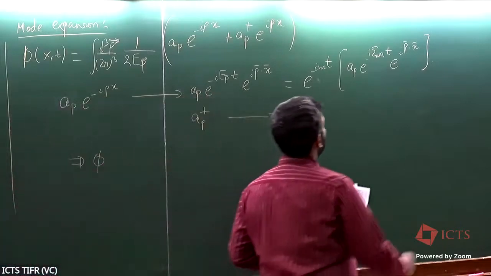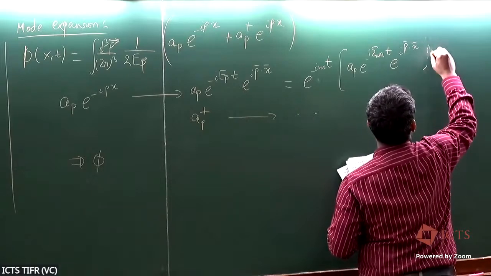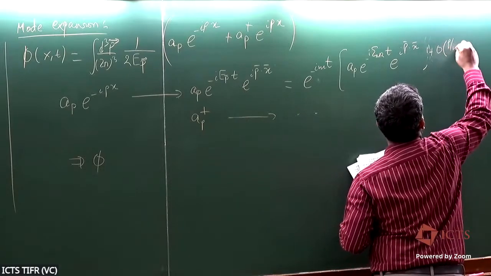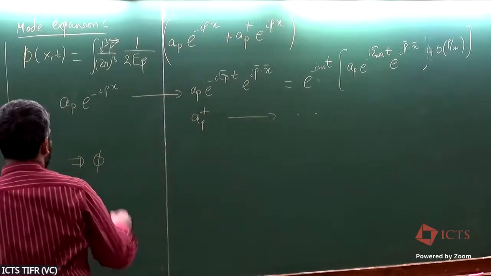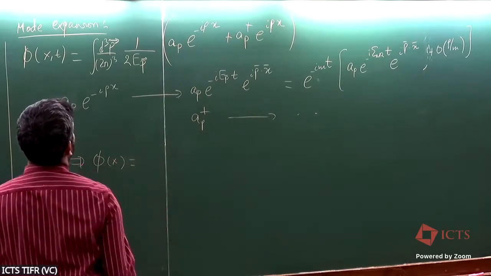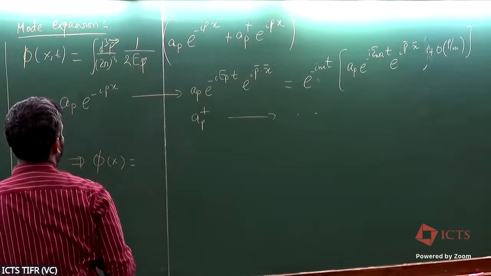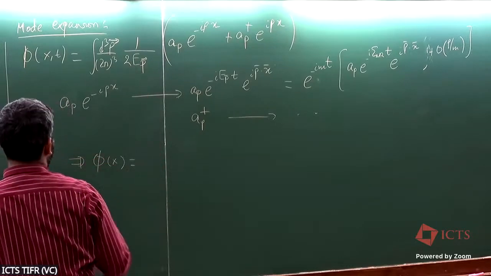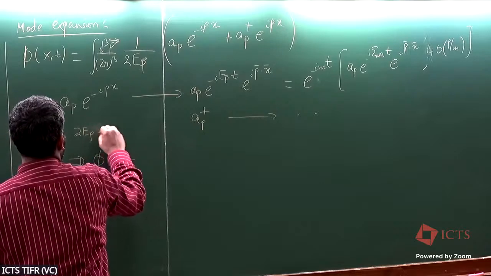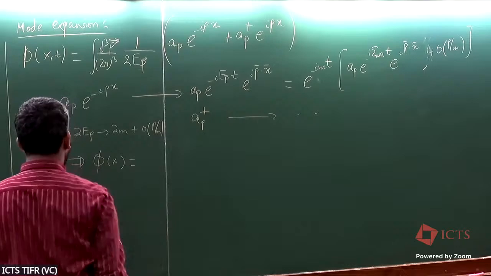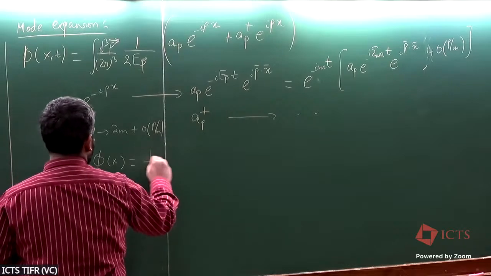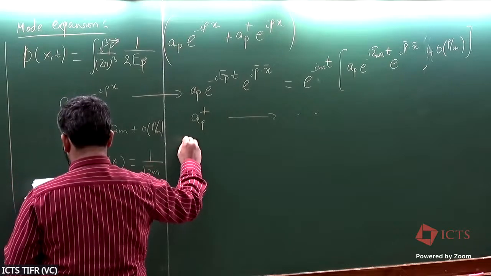The point is there is an order p over m expansion that I'm not worried about right now. So what happens is that in my phi of x, there is this 2E_p here that also breaks down. The 2E_p is 2m plus order p over m in the expansion. That breaks down to 1 by square root of 2m.